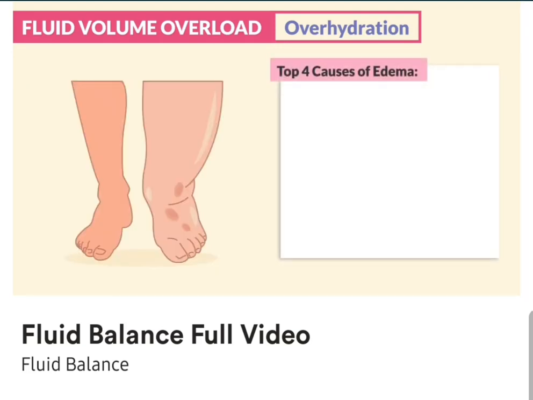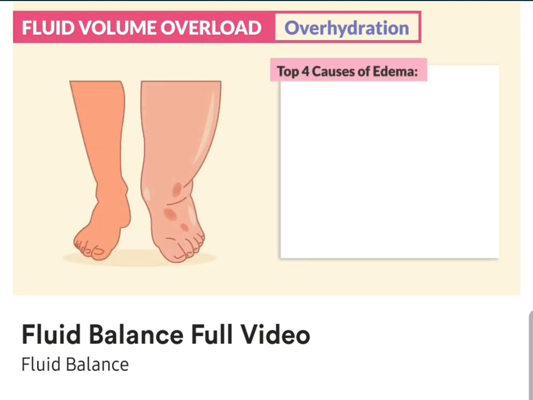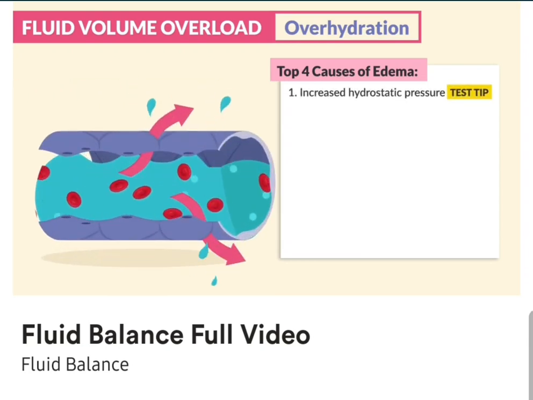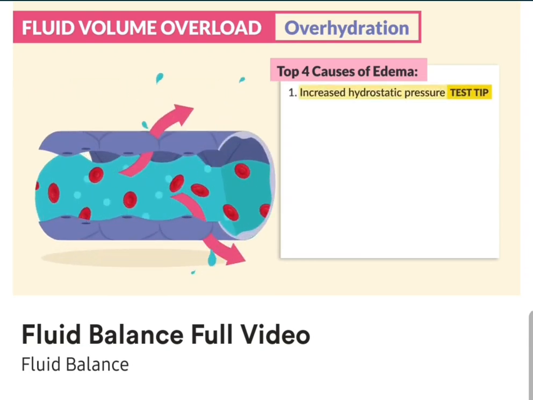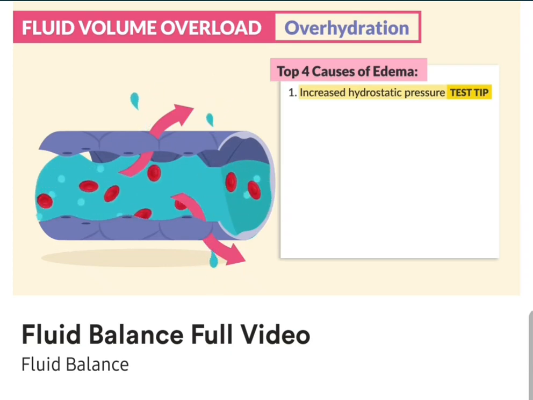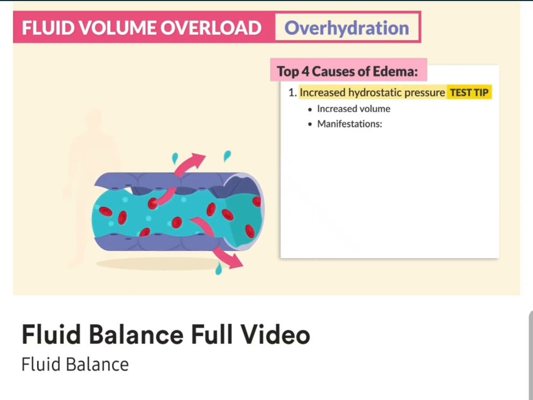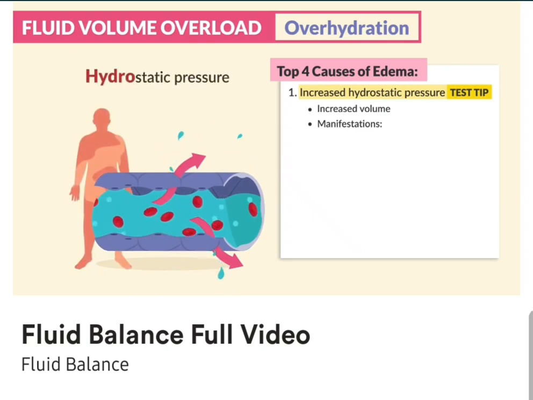Now, for the top 4 causes of edema, these are the 4 underlying pathophysiological processes responsible for the manifestations of edema. So number 1 is a huge test tip: increased hydrostatic pressure. So let the name help you here. Increased means high. Hydrostatic pressure is just fancy words for water pressure.